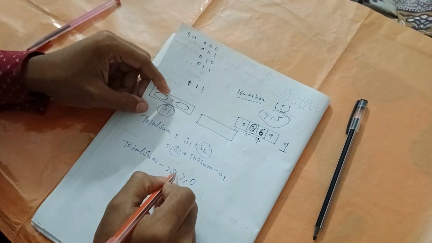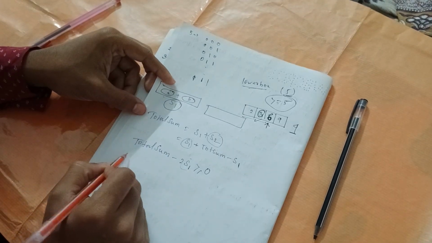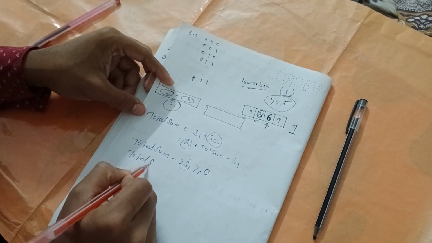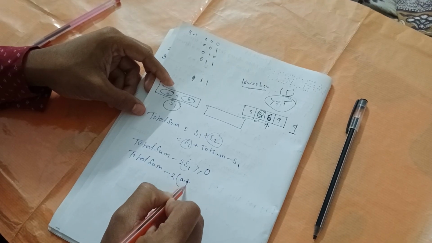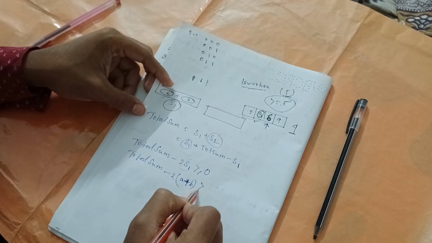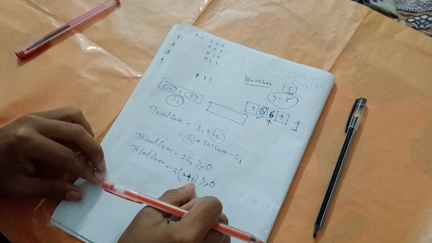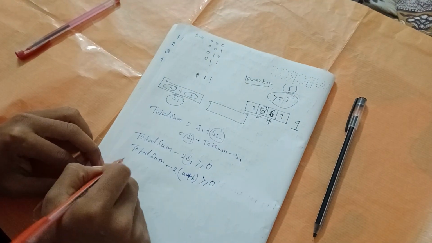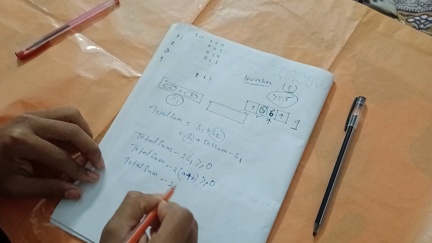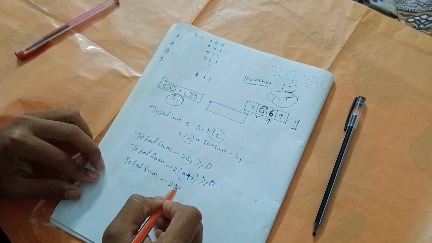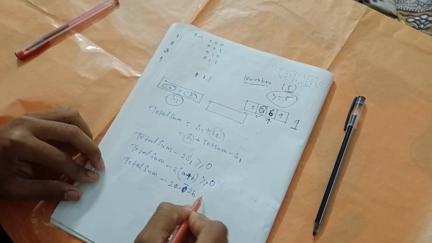Then if we divide s1 into a and b, we get total sum minus 2 times (a plus b). Then what is my b value? We write total sum minus 2a minus 2b, greater than or equal to 0.